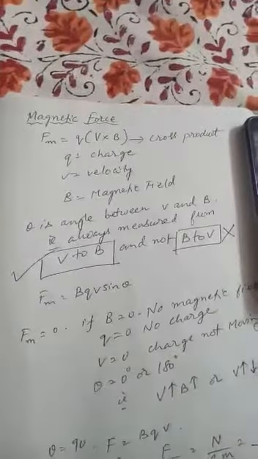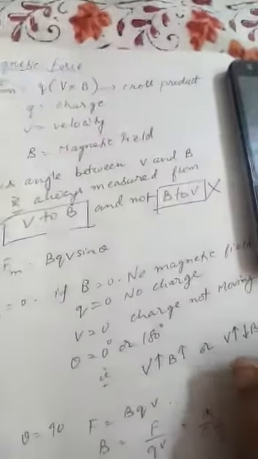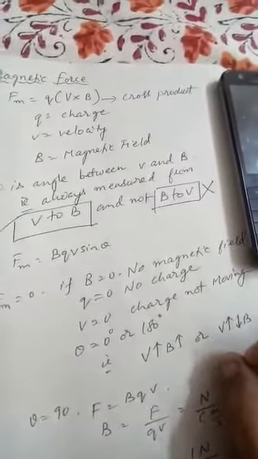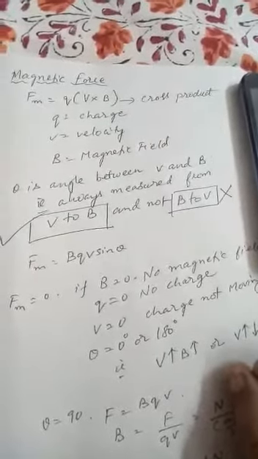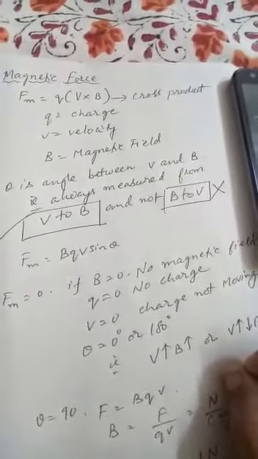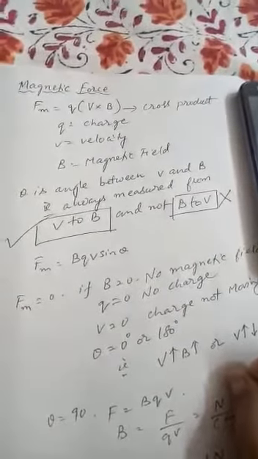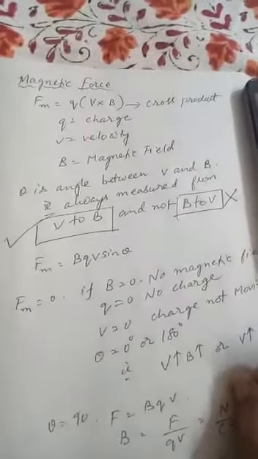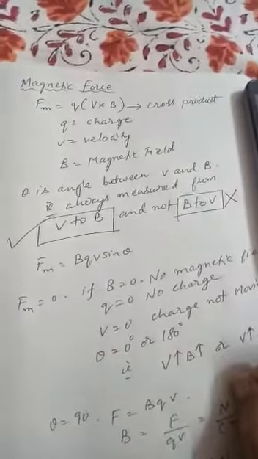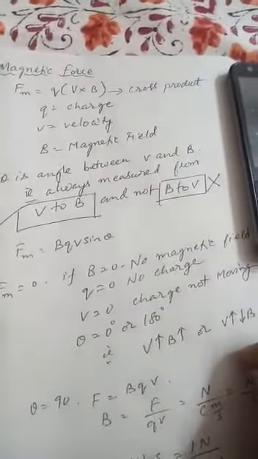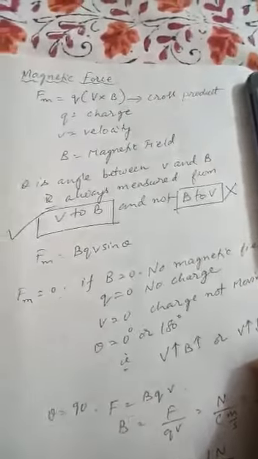Let us say theta is the angle between the velocity vector V and the magnetic field vector B, then we can expand this formula as QVB sin theta. This theta is the angle from V to B. Always measure from V to B and not from B to V. The direction will totally change if you measure the angle from B to V.